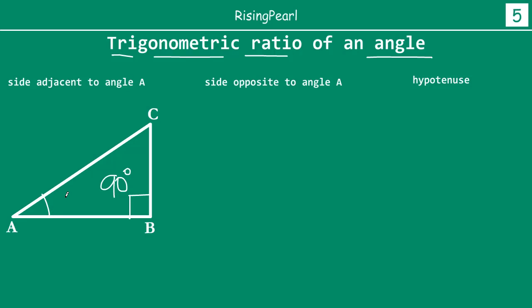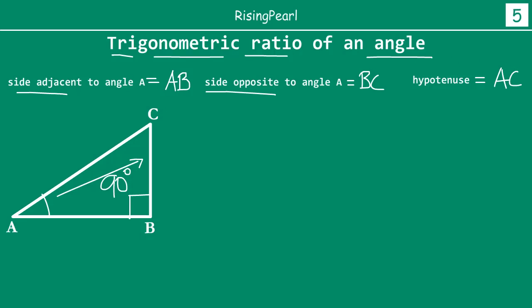We just talked about the adjacent side and the opposite side. What is the adjacent side for angle A? That will be AB. The side which is right next to angle A is AB, and the side which is right across from angle A, the opposite, is BC. And we know that the hypotenuse is AC.